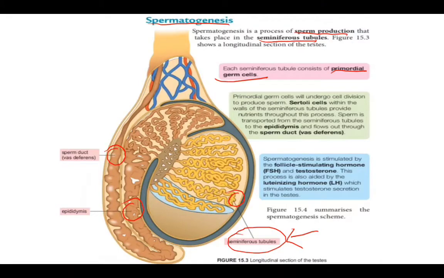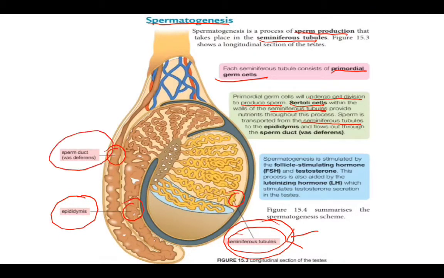Primordial germ cells will undergo cell division to produce sperm. Sertoli cells within the walls of the seminiferous tubules provide nutrients throughout this process. Sperm is transported from the seminiferous tubules to the epididymis and flows out through the sperm duct or the vas deferens.